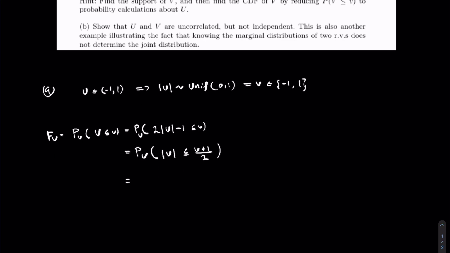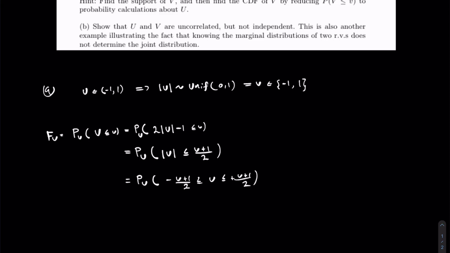Now, opening up this absolute value, we know that the probability of u is now between minus (v plus 1) divided by 2 and (v plus 1) divided by 2.